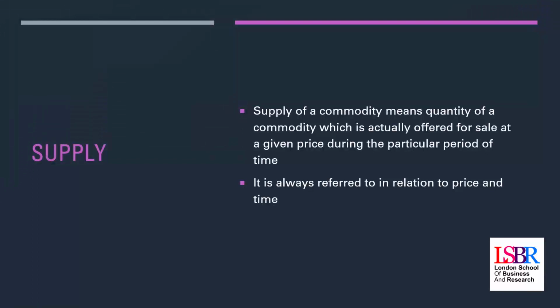An iPhone 7 was produced and supplied to the market every single day, hundreds of thousands of them. But today, that exact same phone is no longer being supplied. I think it's just what's already out there. They're no longer producing the iPhone 7 in Apple's factories. So the supply can change over time.